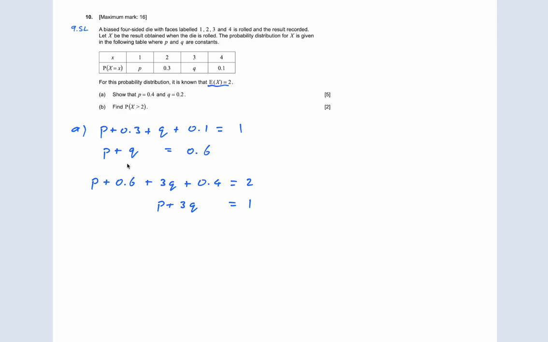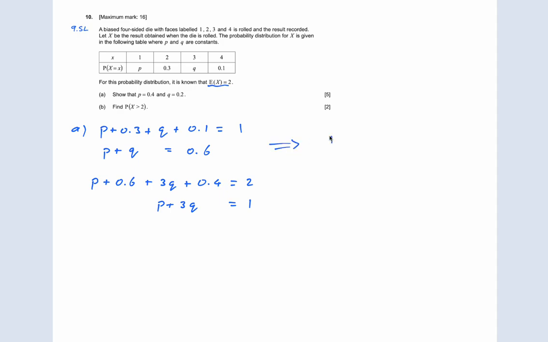However, I think I'll go with, well, if p plus q equals 0.6, then p equals 0.6 minus q. So I'll write it over here, sorry.